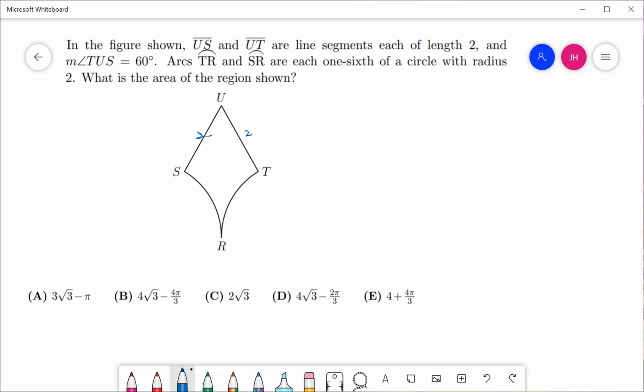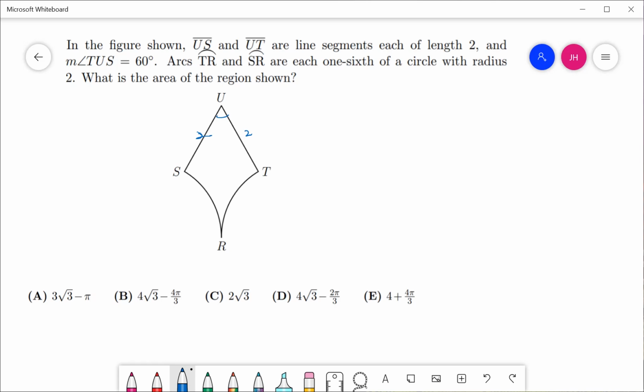And the angle TUS, that's this angle, is 60 degrees. And arcs TR and SR are each 1/6 of a circle with radius 2. And the question is, what is the area of the region shown?